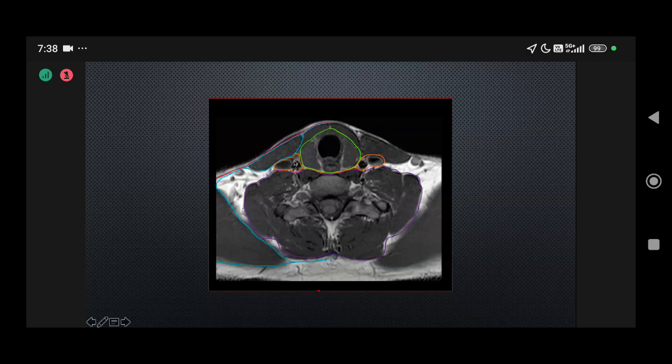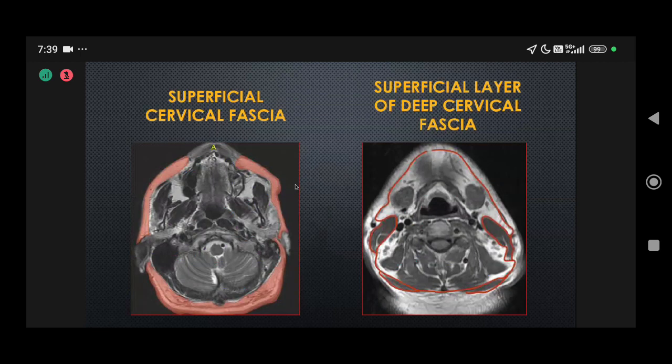The carotid sheath is made up of all three layers coming together, that is the middle layer, the deep layer and the superficial layer of deep cervical fascia, extending from the skull base up to the aortic arch, and that forms the carotid sheath. So this is the overview of the layers of the cervical fascia.